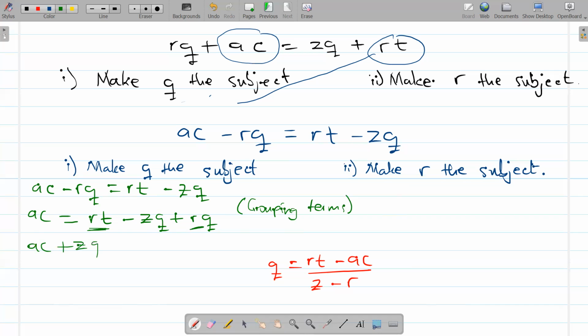Now I have RT plus RQ. So now I want to make R the subject, right?